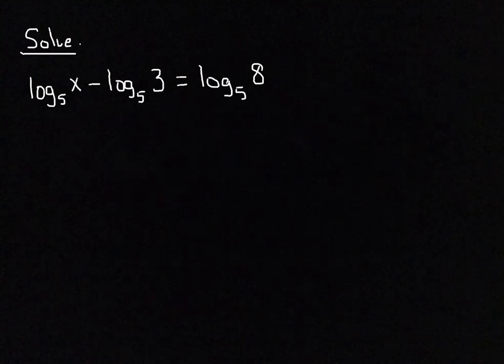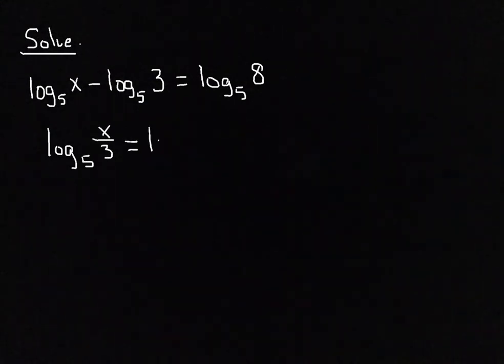Now, here's where these properties really come in handy when you're trying to solve for logarithms. All right, so we got this part on the left. They're all base 5, so it's minus, so it's a quotient property. So combine these to a single logarithm would be x over 3 is equal to log of 8 in base 5. Now, since they're both log in base 5s, it's kind of like these things just cancel out.